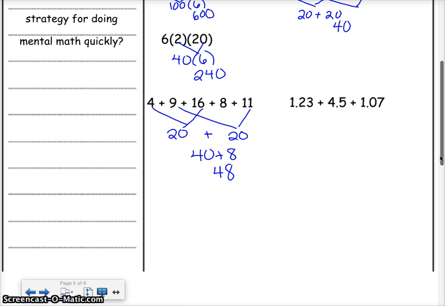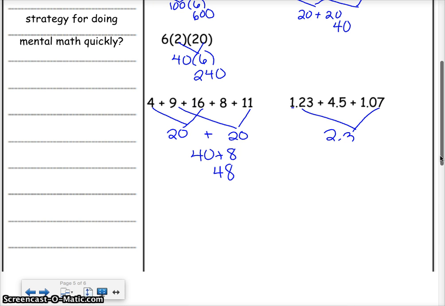And then decimals. So I have 1.23 plus 4.5 plus 1.07. Again, trying to end in a 0. So these two can combine together because 0.23 and 0.07 gives me 0.3. So it would be 0.3, 1.3, 2.3, right?